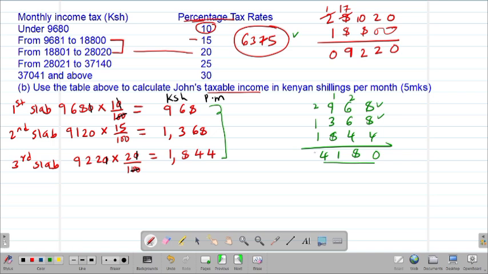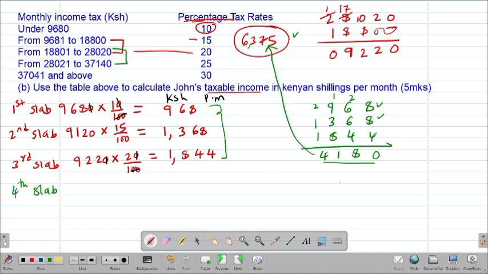We can see 4,180 is closely nearing our gross tax, which was 6,375. If we try adding another tax rate, let's see whether it will exceed our amount. So the fourth slab: to get the amount in the fourth slab, we'll subtract these two.